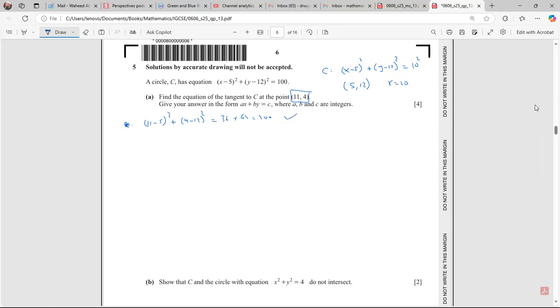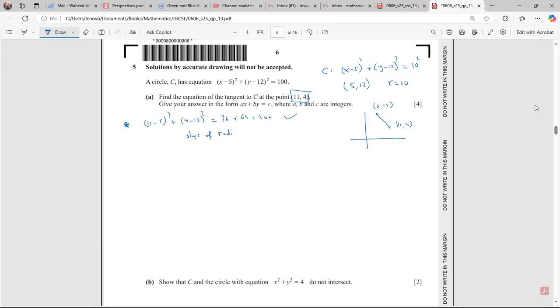Now imagine we have point 5, 12, which is the center of the circle, and this is the point 11, 4. So I want to know what is the slope of this line. This is the radius of the circle. So I want to know the slope of this one. So slope of radius.